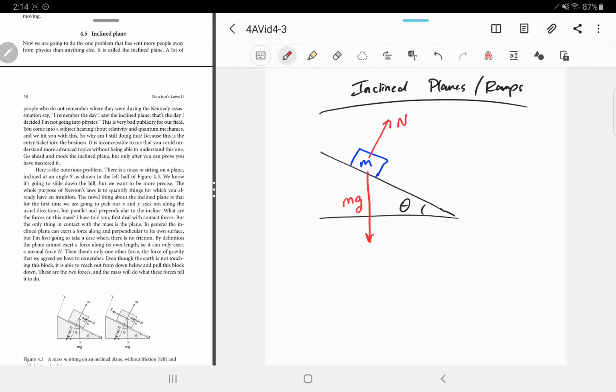So if there's no friction, this is it. But in the case that there is a frictional force, remember, we first analyze all the forces without friction. The mass is going to go down the ramp, and so friction is going to oppose this motion. So frictional force this way, if it's non-zero.